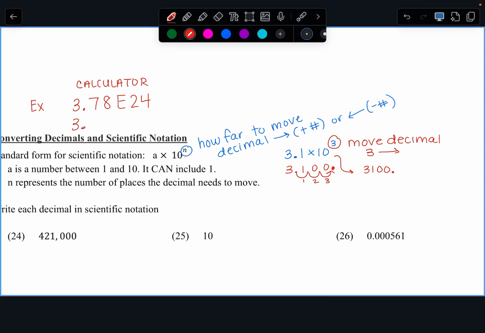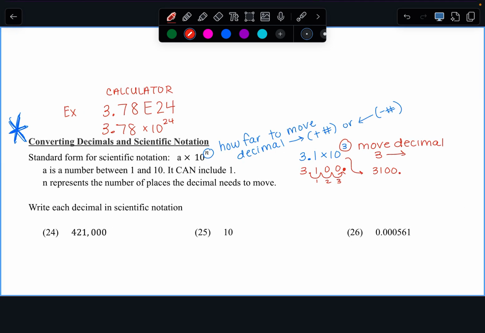This is equivalent to that. So not only, like I said, are we learning different math concepts, we're also learning how to use these calculators and what it means when they spit these random things out.